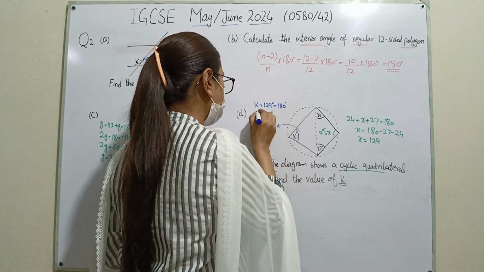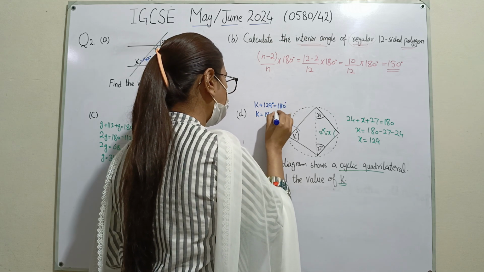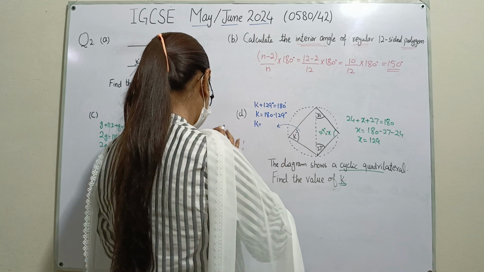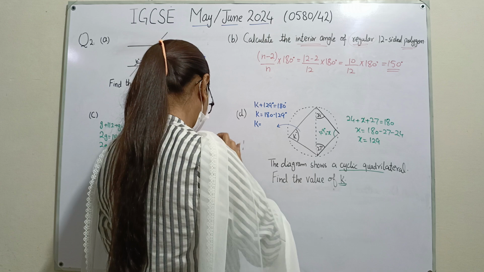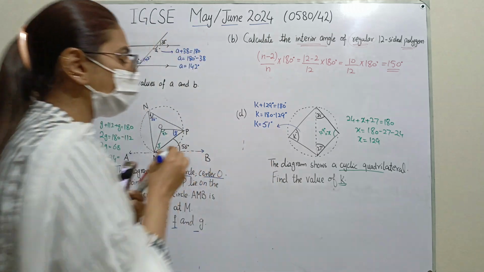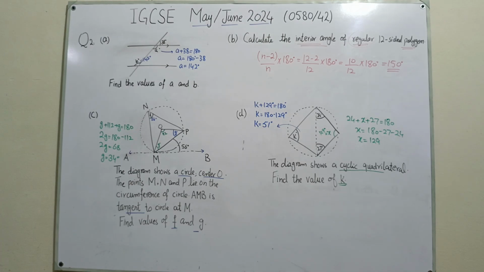So you have to subtract 129 from this 180. After subtracting, you will get the value of K to be 51 degree. This was quite a simple question related to geometry in your paper. Let's move toward the next question.